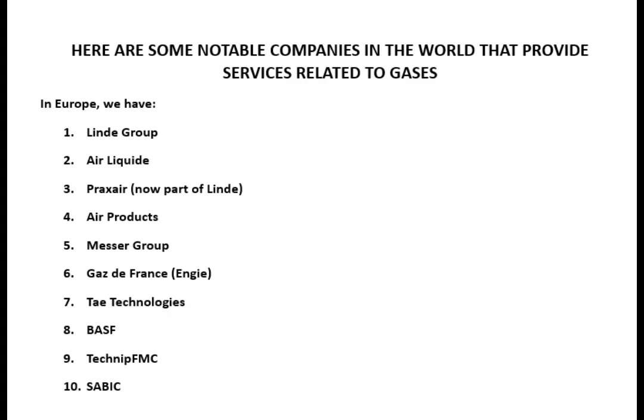Website: https://www.airproducts.com. 5. Messer Group. Services: supplies industrial gases and gas-related technologies for sectors such as metals, food processing, chemicals, and electronics.